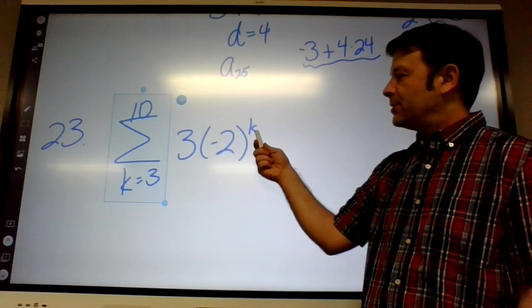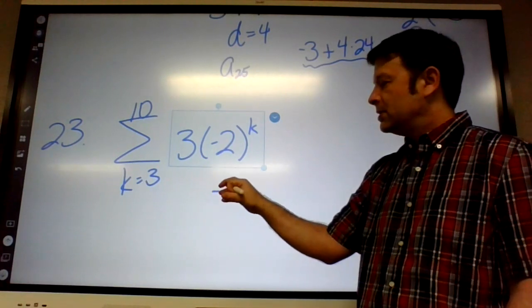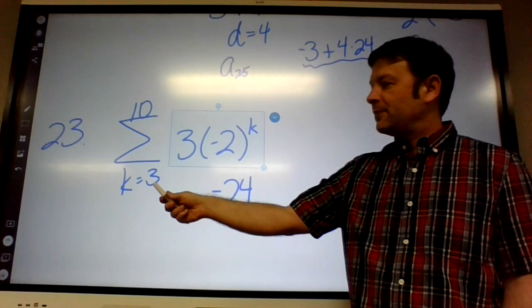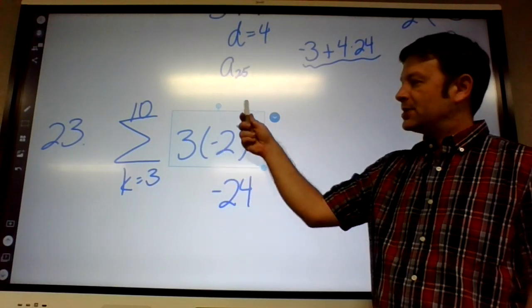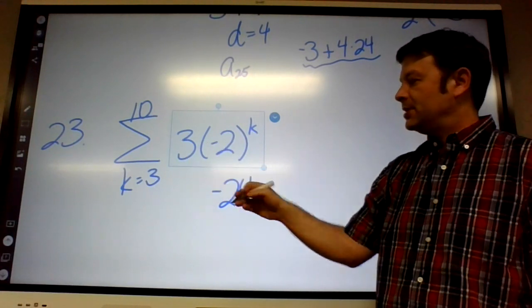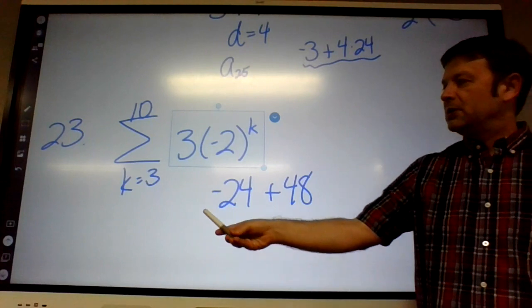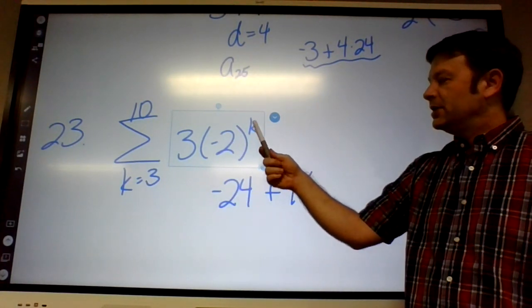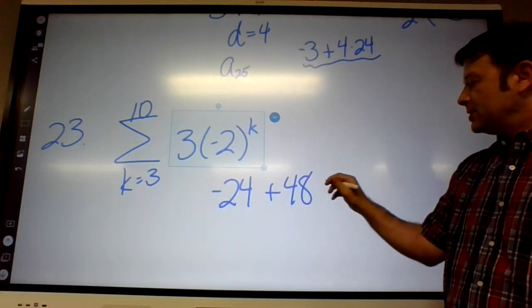So negative 2 to the third, negative 8, times 3 is negative 24. I'm going to plug in k is 4, the next one. Negative 2 to the fourth is 16, 16 times 3 is 48. And I'm going to plug in 5. I'll do one more. Negative 2 to the fifth.